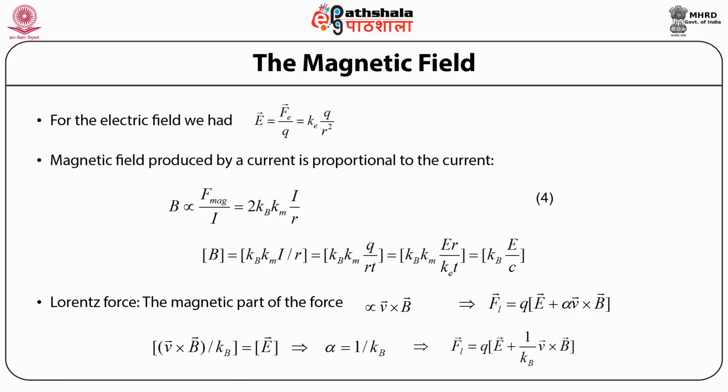So V vector cross B vector by Kb has dimensions of E vector, and therefore, demanding that all the terms in an equation must have the same dimensions, we find that alpha is equal to 1 divided by Kb, so that FL vector is equal to Q E vector plus Q by Kb into V vector cross B vector.